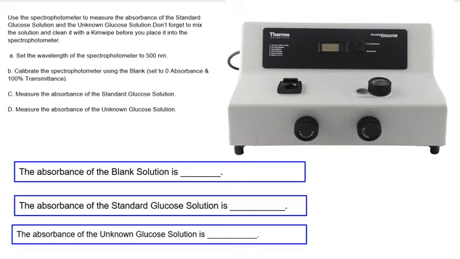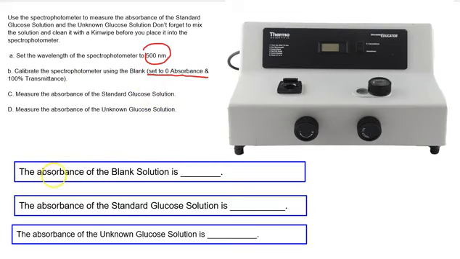It's so important to mix the solution and clean it with a Kim wipe before you place it into the spectrophotometer. We are going to set the wavelength of the spectrophotometer to 500 nanometers and then calibrate the spectrophotometer using the blank, setting it to zero absorbance.